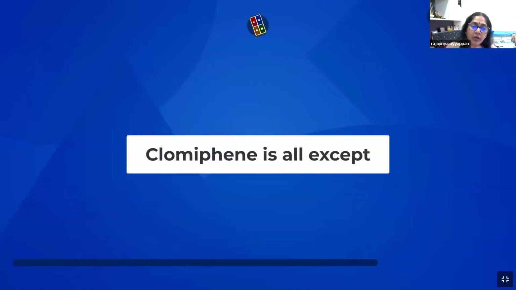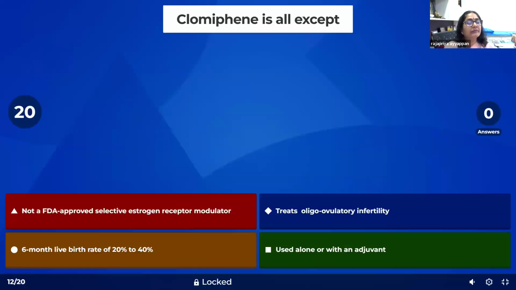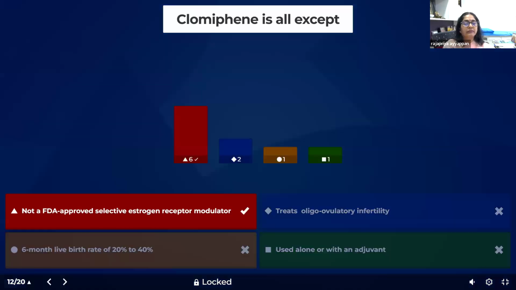Now, clomiphene is all except: not an FDA-approved SERM, a 6-month live birth rate of 20 to 40%, treats oligo-ovulatory infertility, used alone or with an adjuvant. The answer is not an FDA-approved selective estrogen receptor modulator.